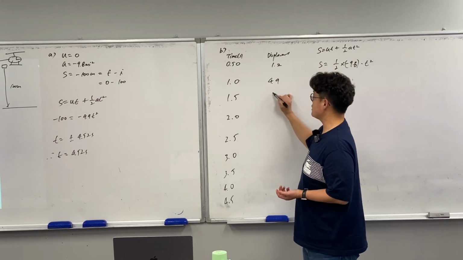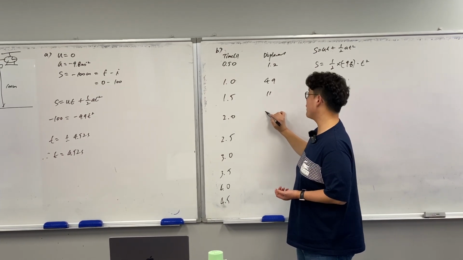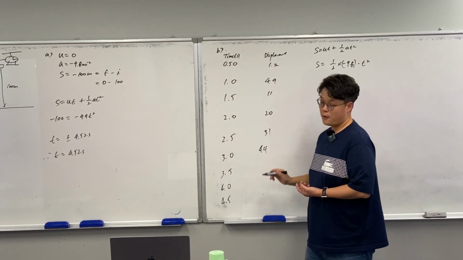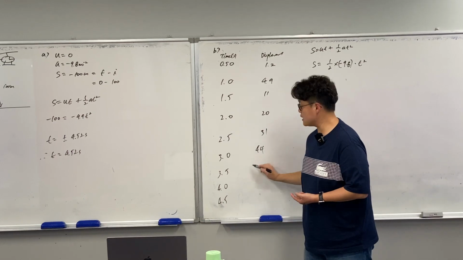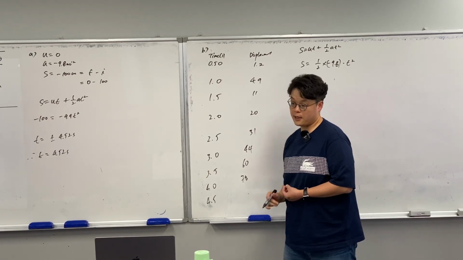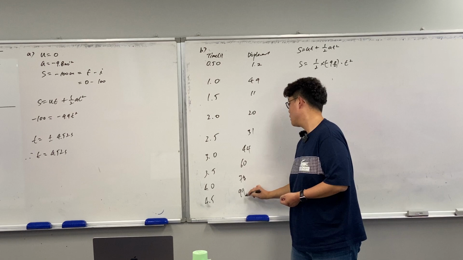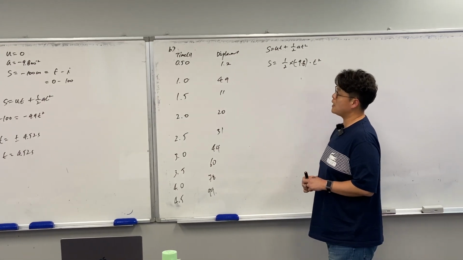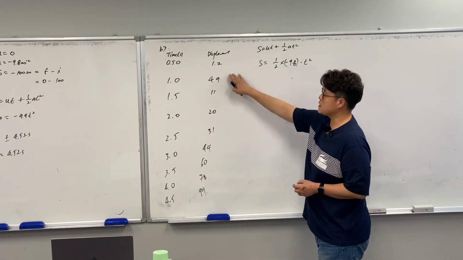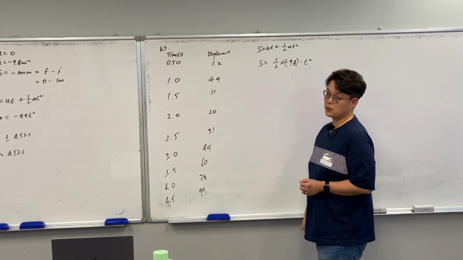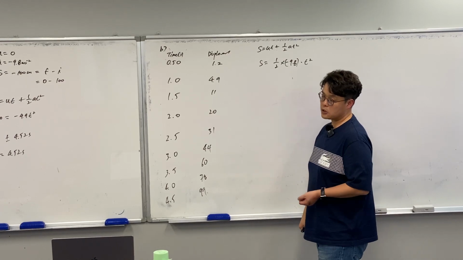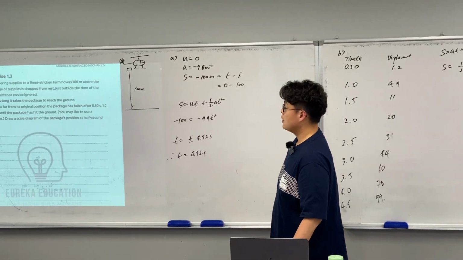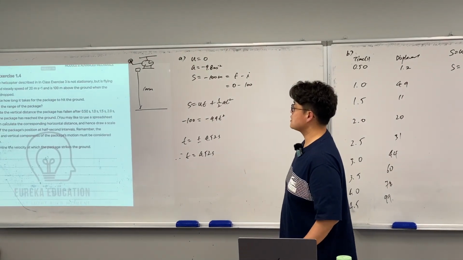Keep going on that, you get 11, then 20 around, 13.1 in 2 sig figs, and 44, 3.5 would be 60s, 78, followed by around 99. This tells you that it's getting faster and faster, because as the time taken is the same, you can see the difference between those values getting bigger as well. That's what we learned as acceleration, which is the change in velocity. Not too bad. It's a bit like a warm-up question, as I said.